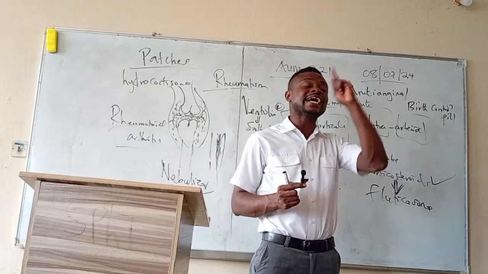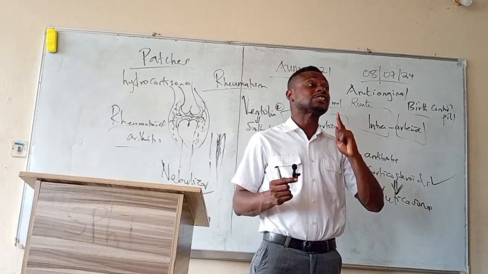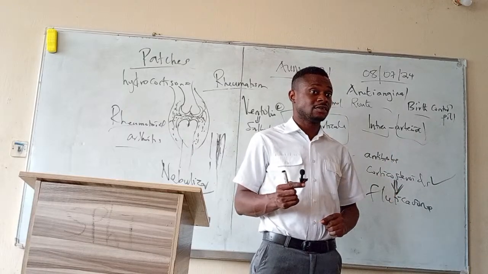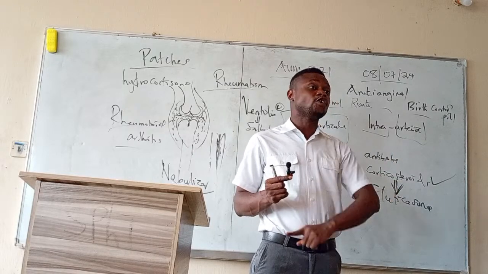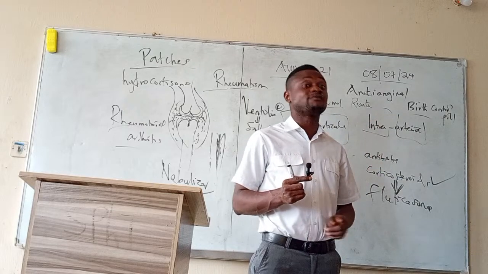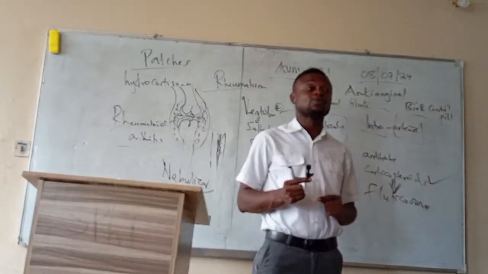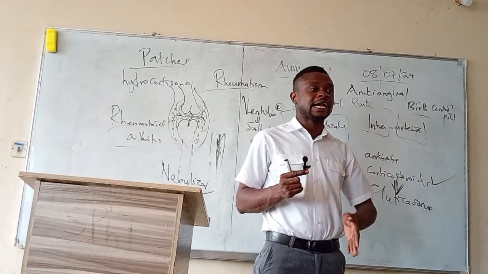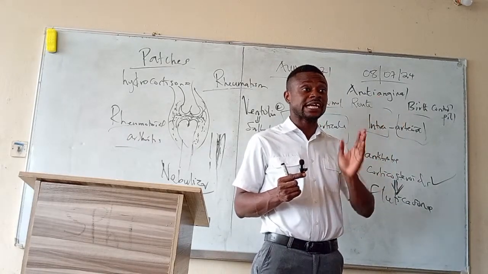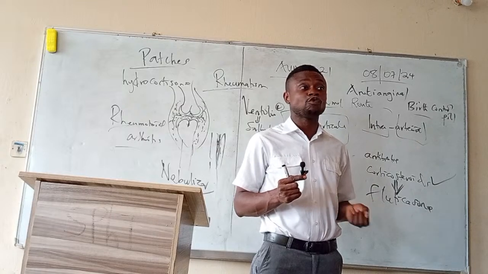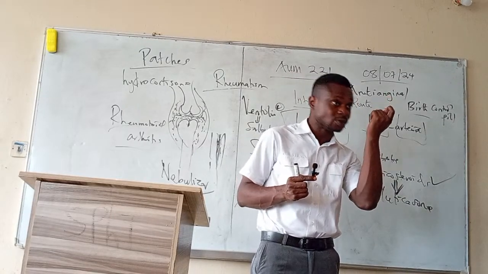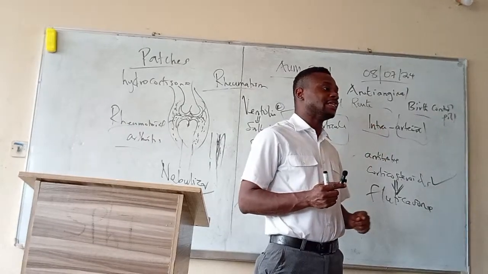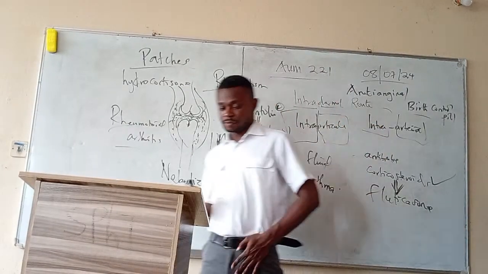Remember I told you that anything that enters the mouth must find its way to the liver through portal circulation. From the liver, it will go back to the systemic circulation before it starts performing its action. By the time it passes through all those things, the greater percentage of the drug would have degraded, and the bioavailability will be small. To avoid this, the drug can be administered as a patch.